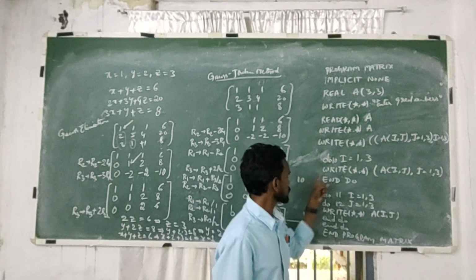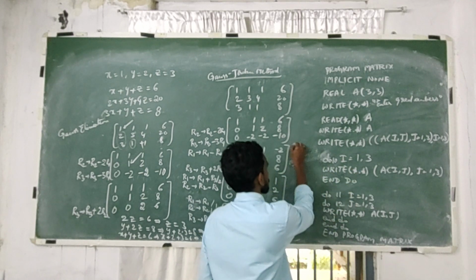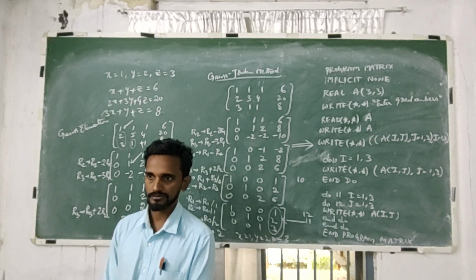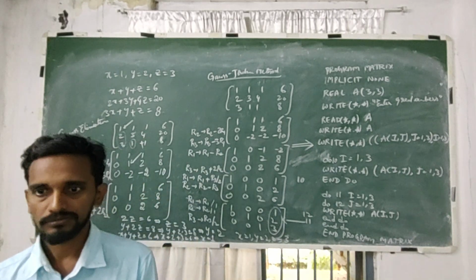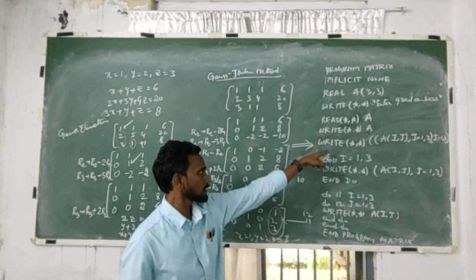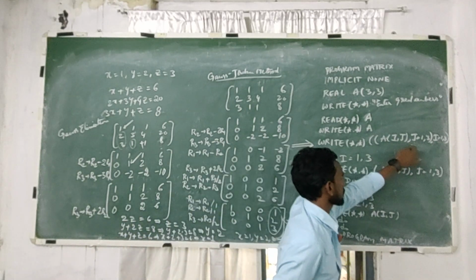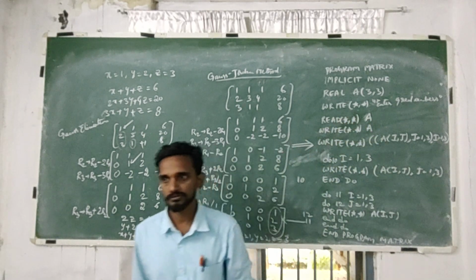But for our convenience, we will be using reading in terms of rows. Once you realize that, you can apply this type of syntax for reading also and verify that.